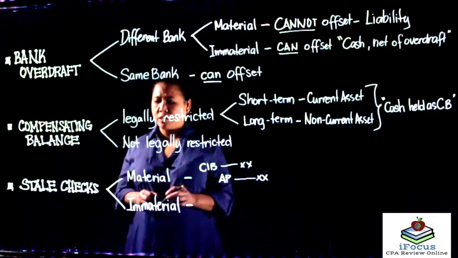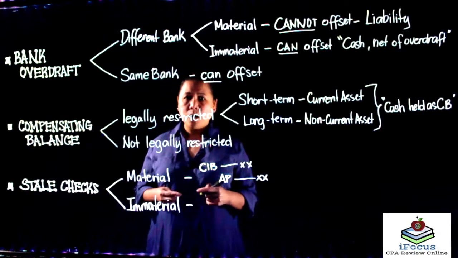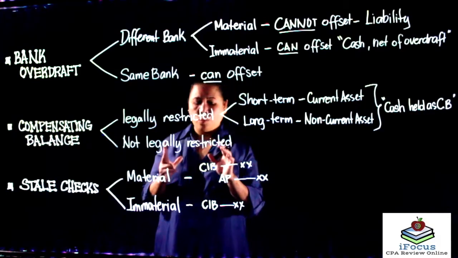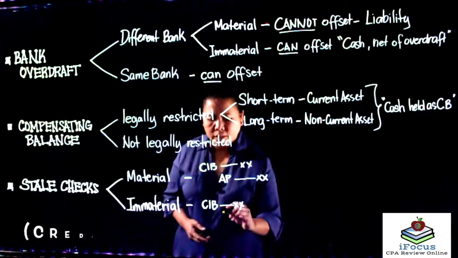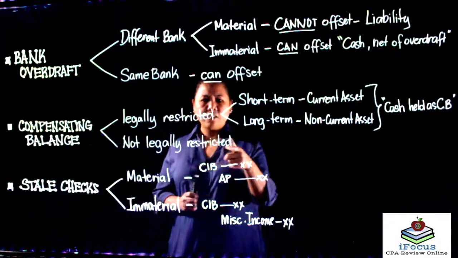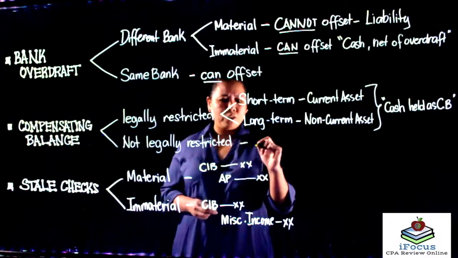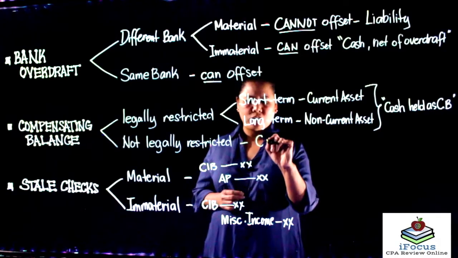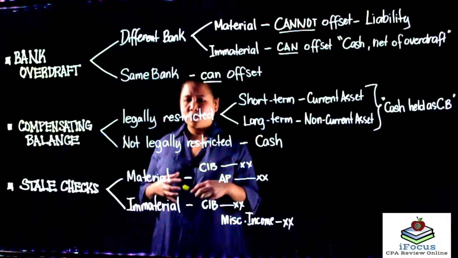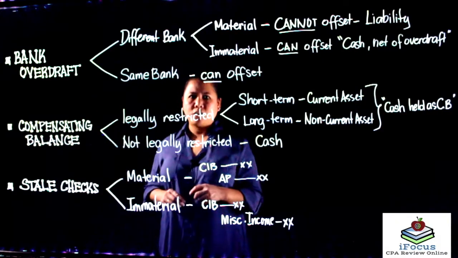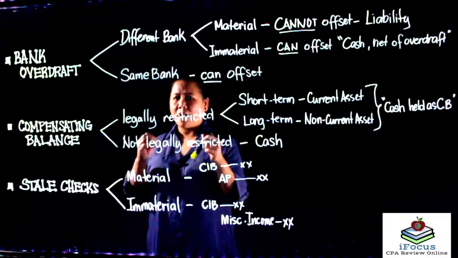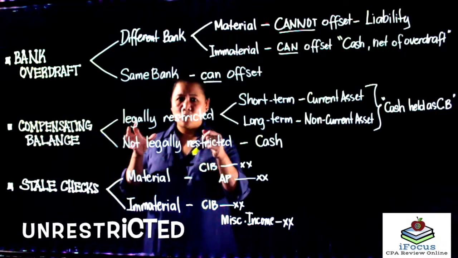If the amount of the stale check is immaterial, we revert it back to cash in bank, but we are going to credit miscellaneous income. By the way, if the compensating balance is not legally restricted, we are going to classify this as cash. Not legally restricted, meaning to say it's unrestricted. To be able to classify something as cash, it should be unrestricted.